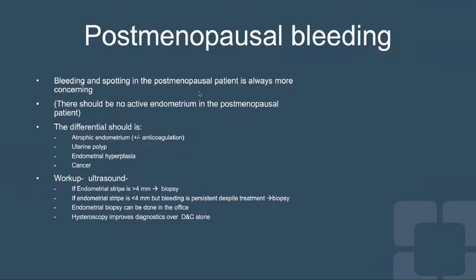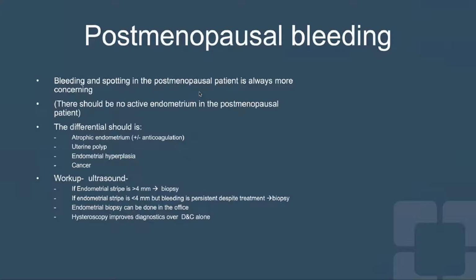An ultrasound is typically the first bit of workup for this. An MRI will suffice if it was found incidentally, but an ultrasound will look to see if the endometrial thickness, the endometrial stripe we call it, is greater than 4 millimeters. If it is, we need to work it up, and we'll work it up with a biopsy. If the endometrial stripe is less than 4 millimeters, we can afford to be a little more cautious. But we do want to see if bleeding remains persistent.